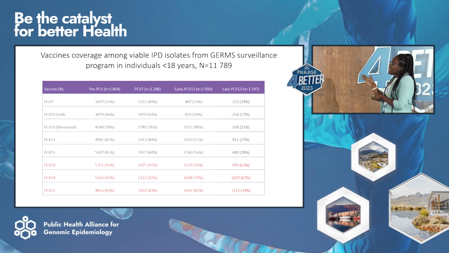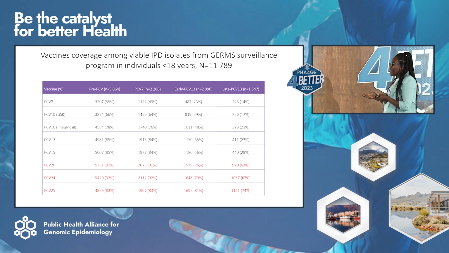And last but not least, we look at the coverage of the vaccines that are currently under development, and we only focused on the late PCV13 period, as highlighted in gray here, because that's the period we're currently in. And we saw that there was a reasonable addition in protection if we were to introduce PCV20, 24, or 25. And obviously, PCV25 offered a higher proportion of coverage.